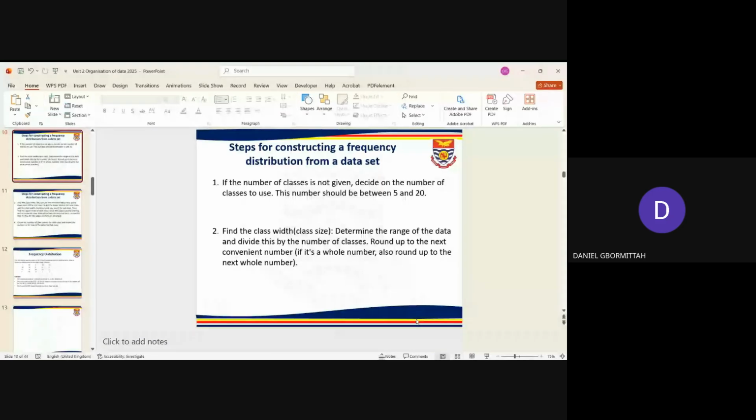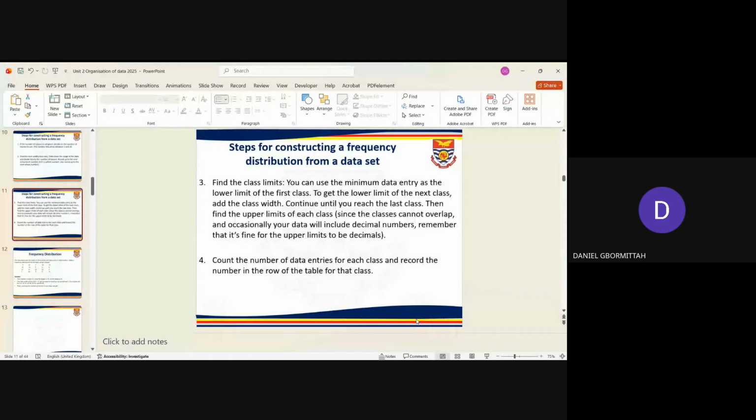And if it is not given, then you need to find the class width. That is the range of the data divided by the number of classes, and then you round it to the nearest whole number.